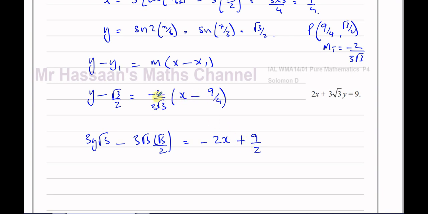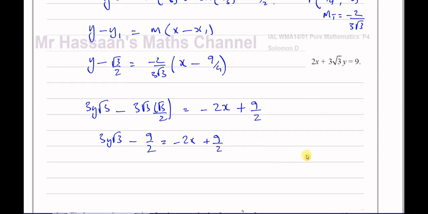Expanding this bracket, minus 2x and plus 9 over 2. So this gives you here 3y times root 3 minus, this is 3 times 3, which is 9 over 2, equals minus 2x plus 9 over 2.